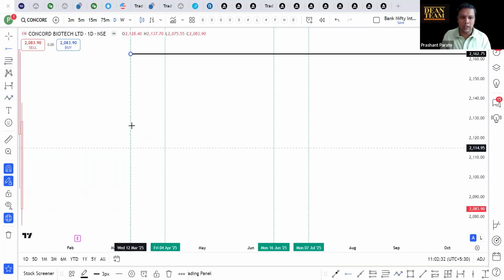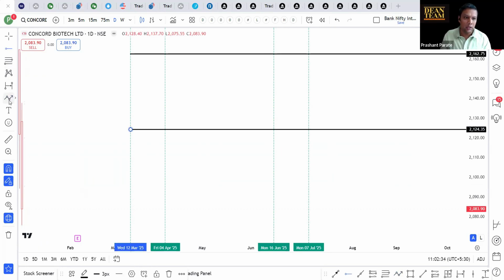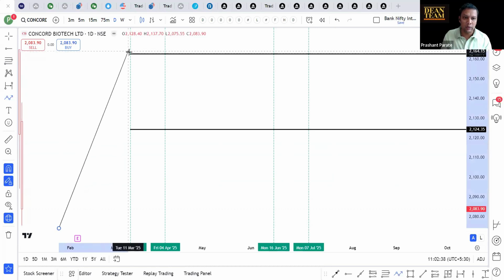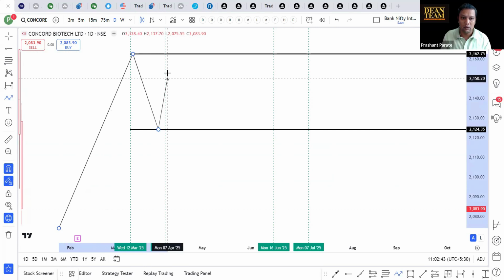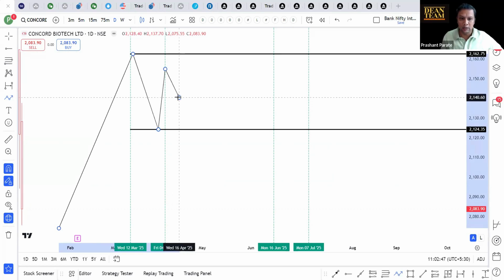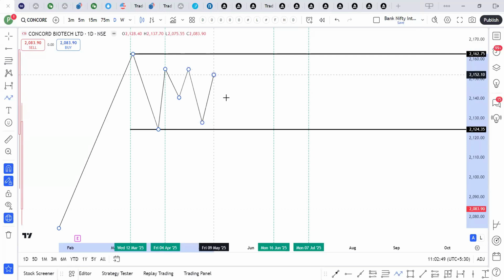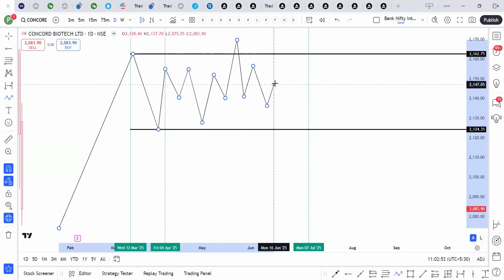Now suppose this is a trading range, and you have price action like this. Price went up, created an automatic reaction and secondary test, and then it went like this and created a spring.